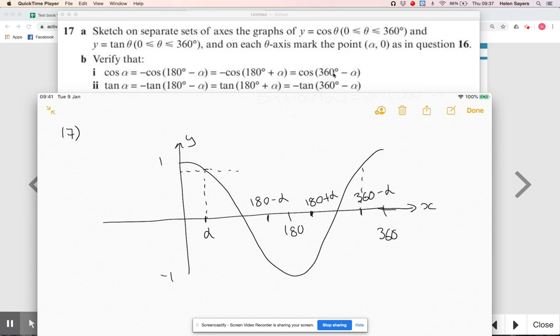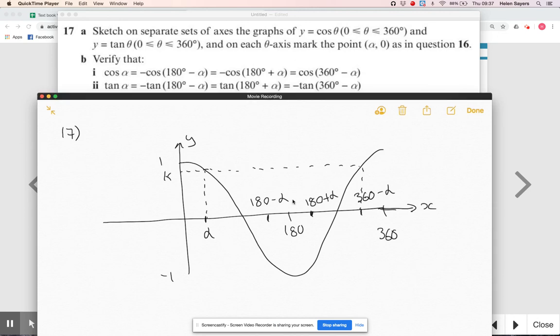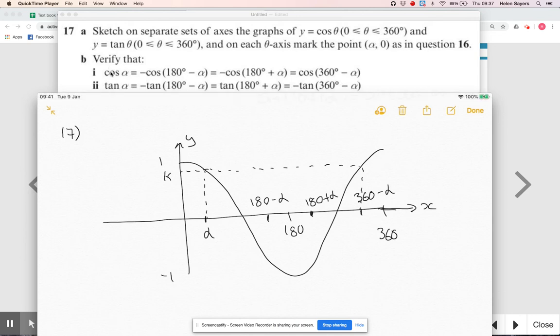Obviously this is a sketch, but I can see that because this curve is symmetrical about 180, those two would give me the same value, because the distance from that maximum point to alpha is going to be the same as the distance from that maximum point to 360 minus alpha. That graph is totally symmetrical. So I'm happy with the start and the end of that statement. So I'm happy that cos alpha does equal cos of 360 minus alpha.